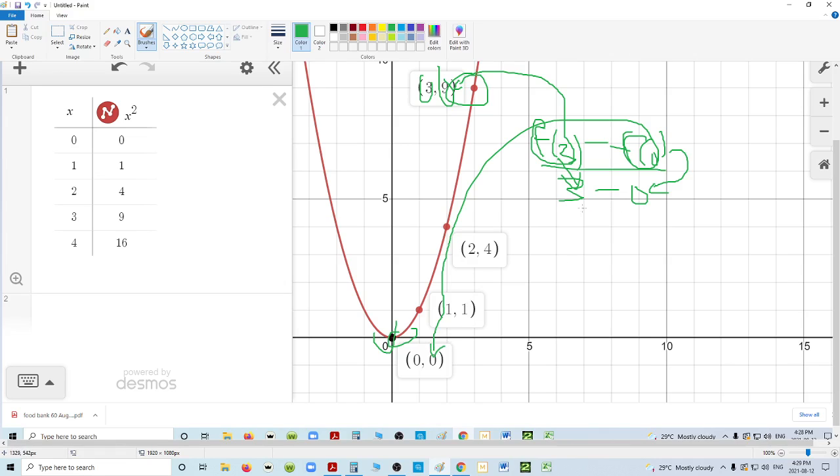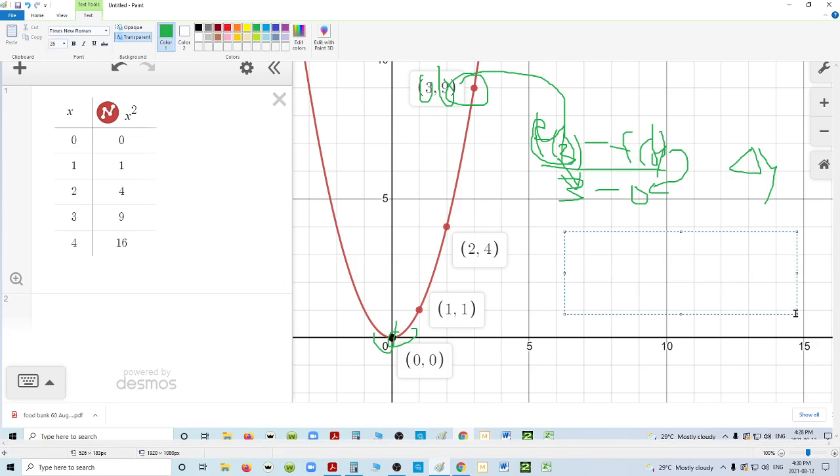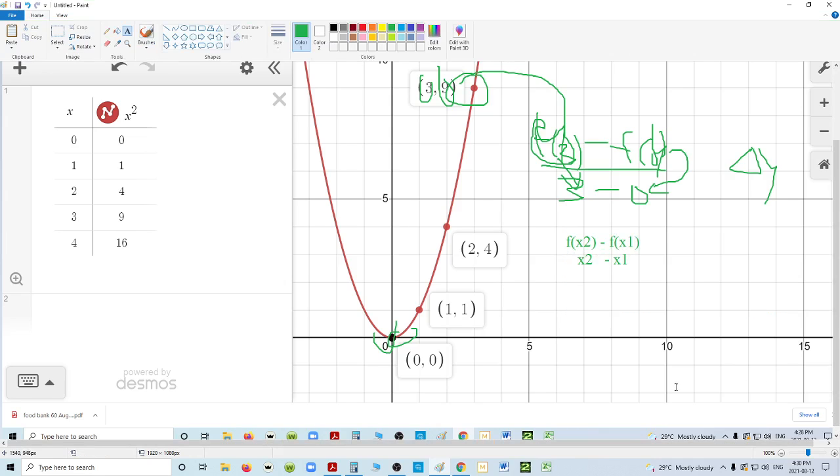So it's still 9 minus 0, but now I've written it in terms of a function instead of the y values. Instead of delta y, it's now written as f of x2 minus f of x1, all of it divided by the actual x2 minus x1. So the delta x hasn't changed, just the delta y has been revised, and it's just revised in function form.